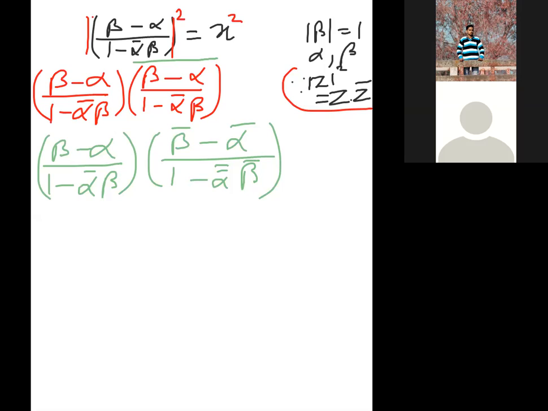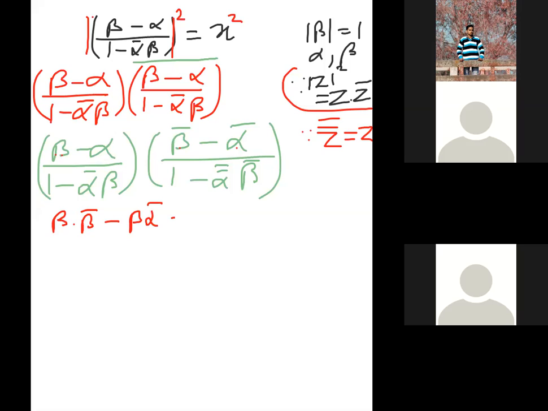Numerator will get multiplied to the numerator. Denominator will get multiplied to the denominator. We are also going to use one concept: Z conjugate whole conjugate equals Z. So beta into beta conjugate, then beta into alpha conjugate, minus alpha beta conjugate, minus alpha alpha conjugate, upon 1 into 1, 1 into this alpha conjugate whole conjugate.